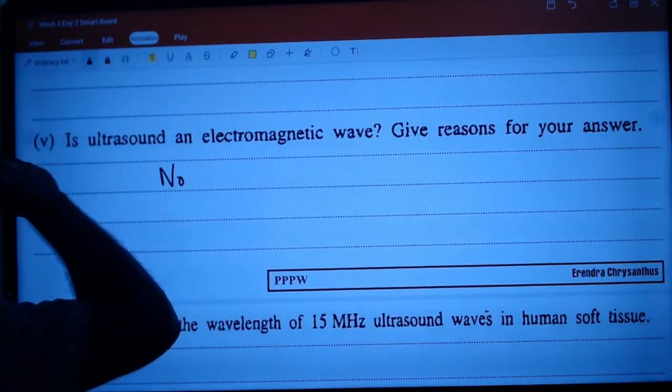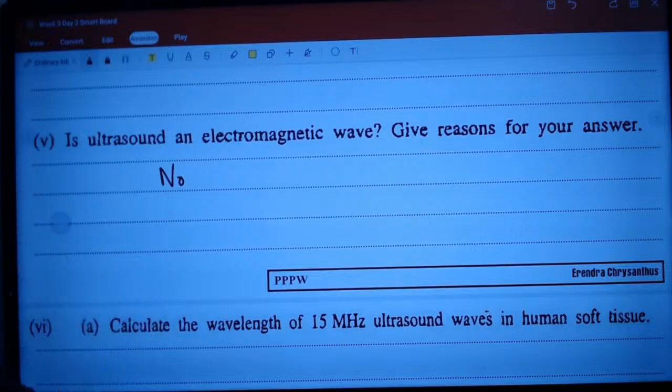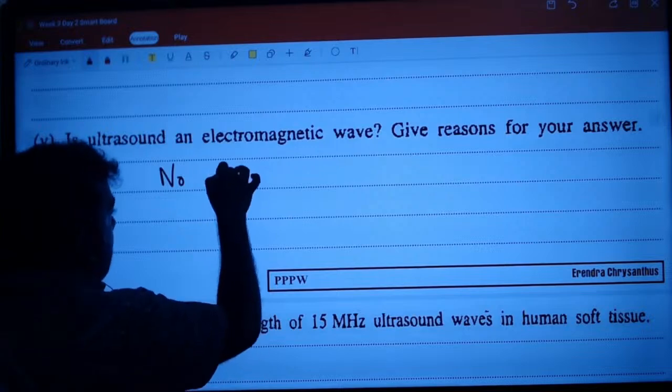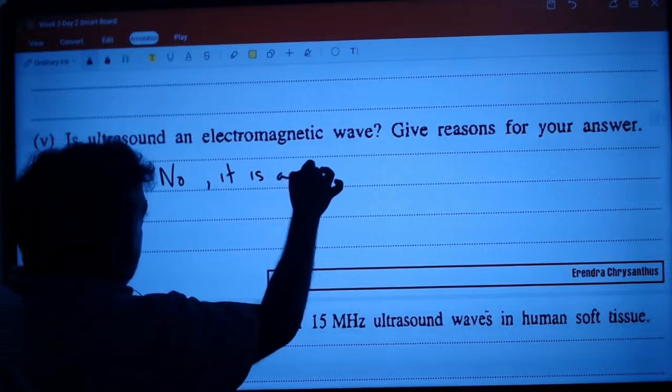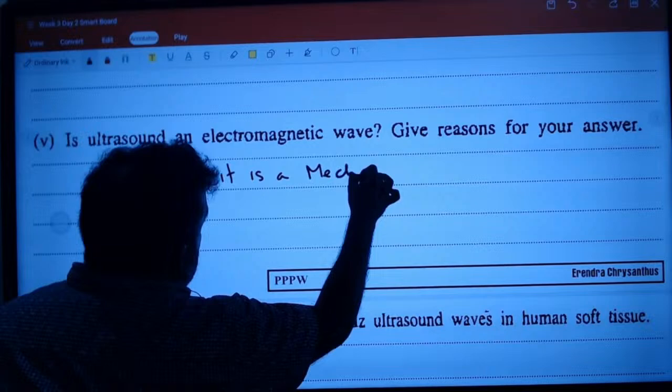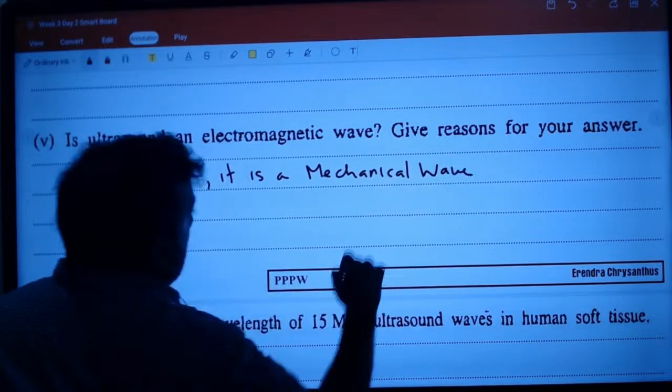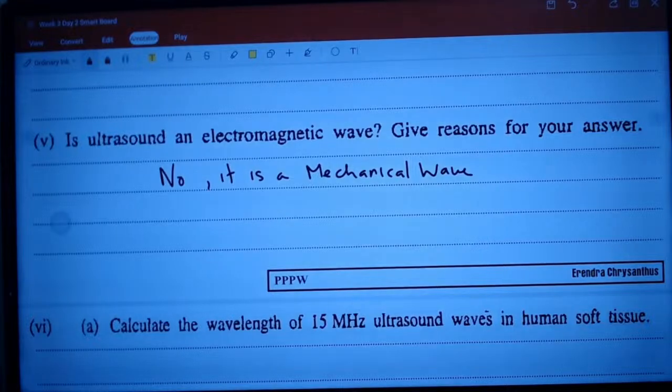Is ultrasound electromagnetic? No, it is a longitudinal wave. It is a mechanical wave.